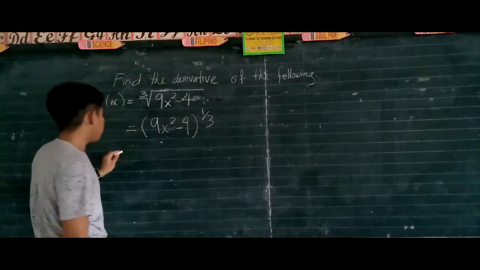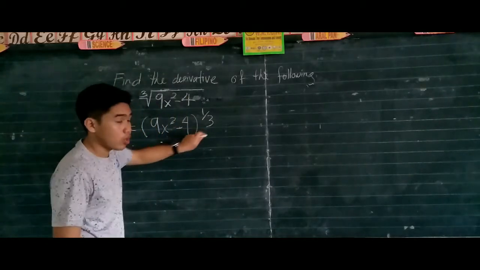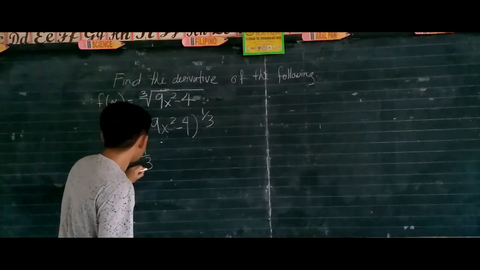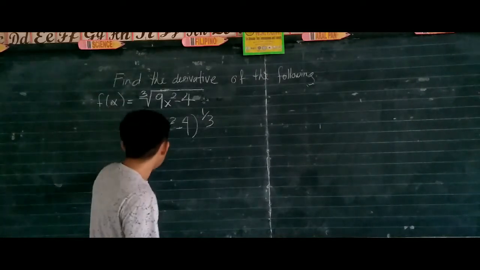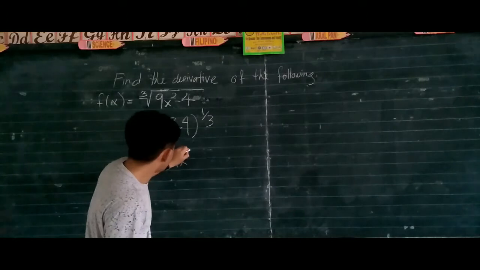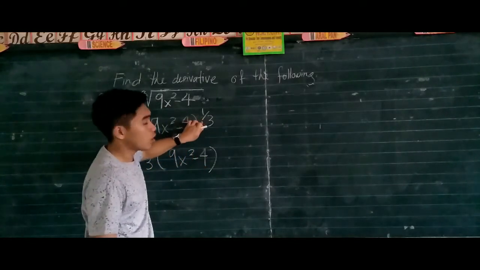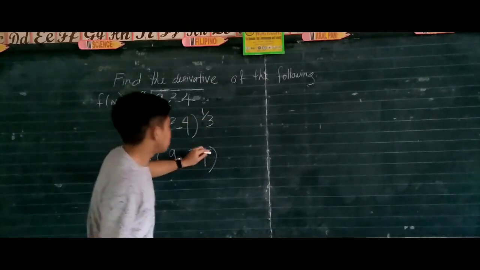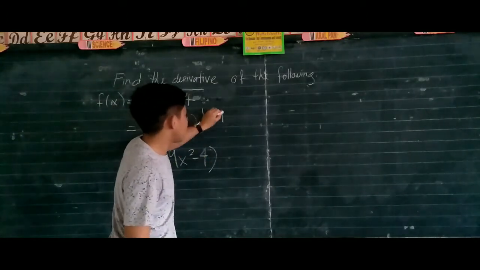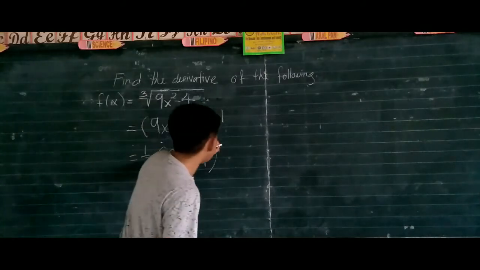Then perform the operation. So we have here, bring down 1/3, copy 9x squared minus 4, then we're gonna deduct 1/3 to 1. So we have 1/3 minus 1 is equals to negative 2/3.